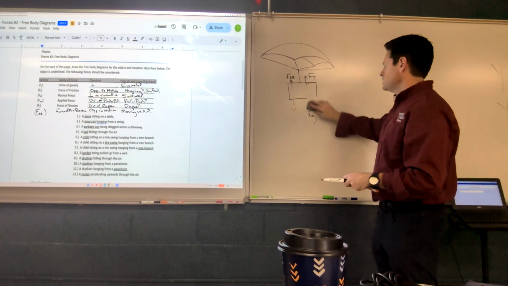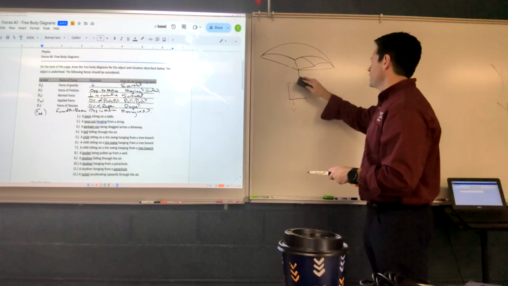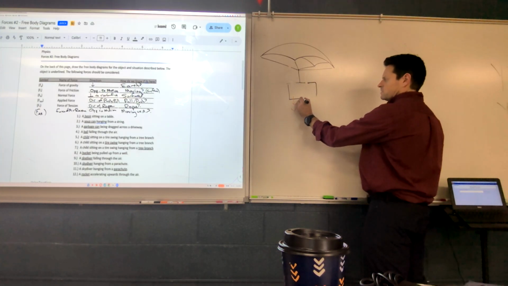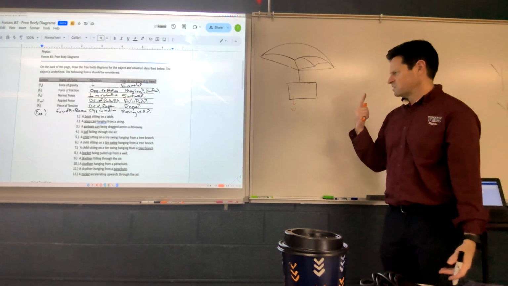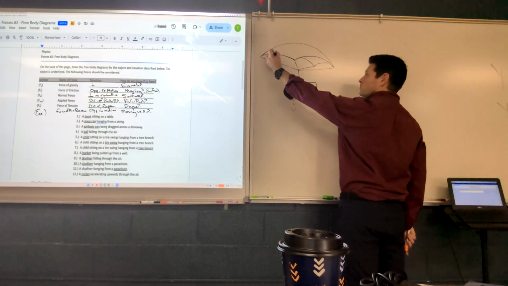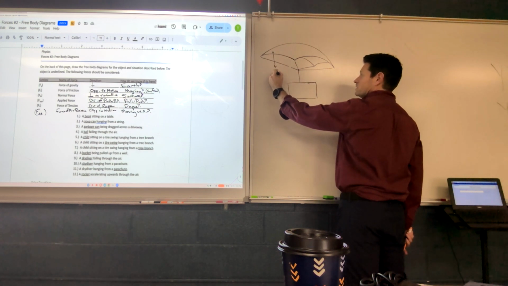Let's look at this same scenario, but now with regards to the parachute. So rather than looking at the person, we are looking at the parachute itself. Is this parachute on or near the surface of the earth? Yeah. So what force is acting on it? Gravity. And which way does that go? Force of gravity.